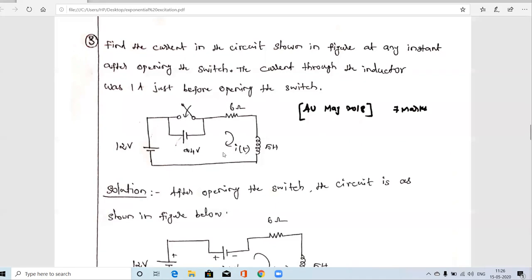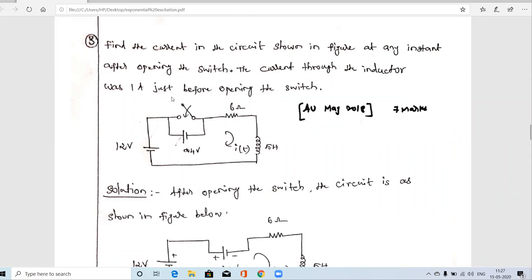So whenever the switch is open, at that time we have to find the current flowing through the circuit. And one more thing is given: the current through the inductor was 1 amp just before opening the switch. So what is this 1 amp? It is the initial current flowing in the inductor, 1 amp.